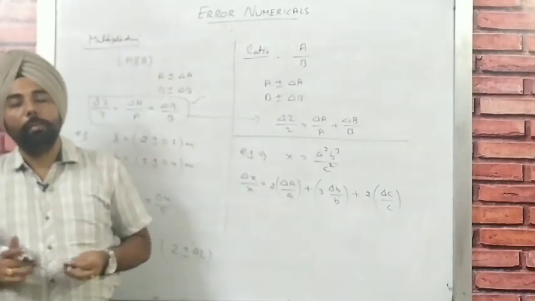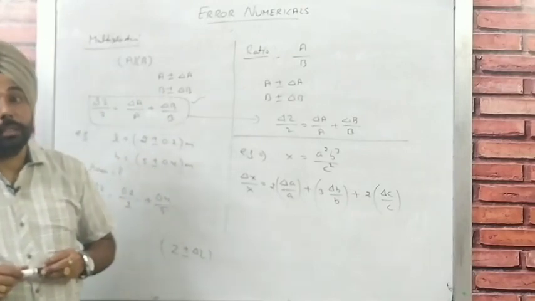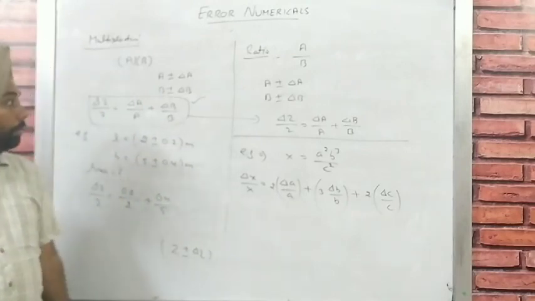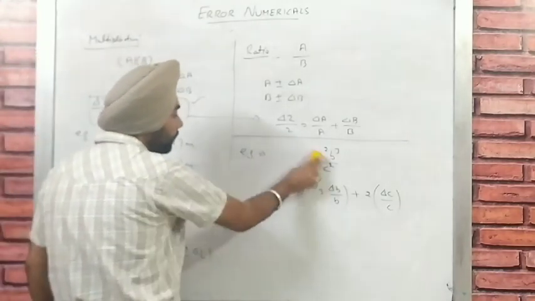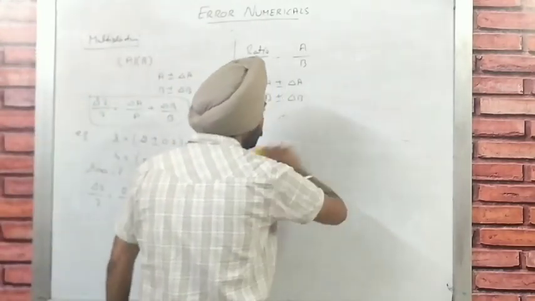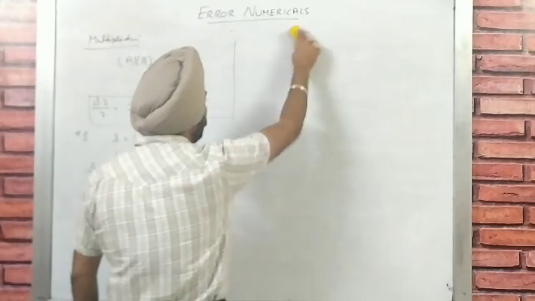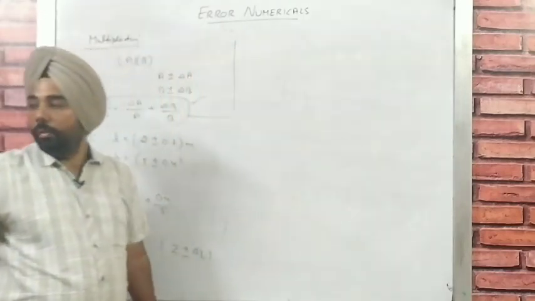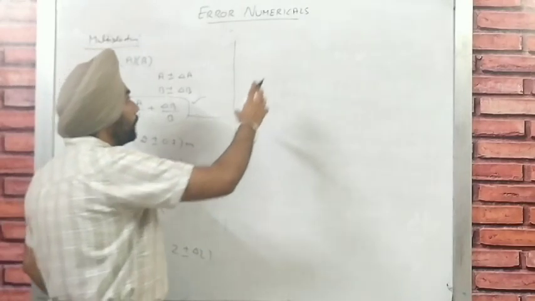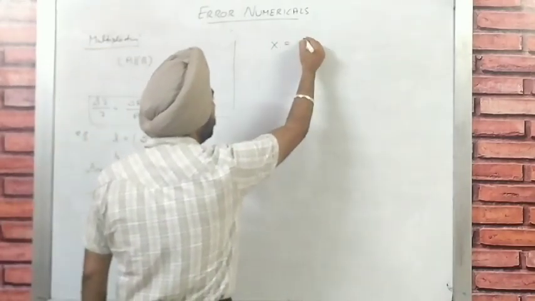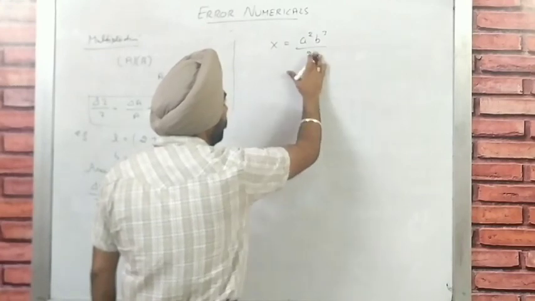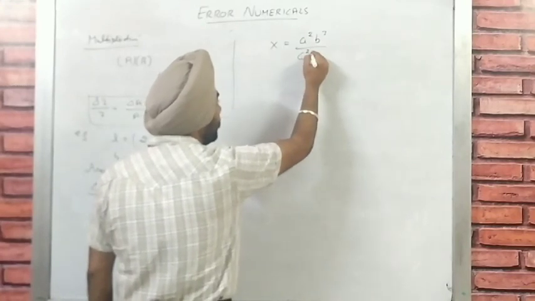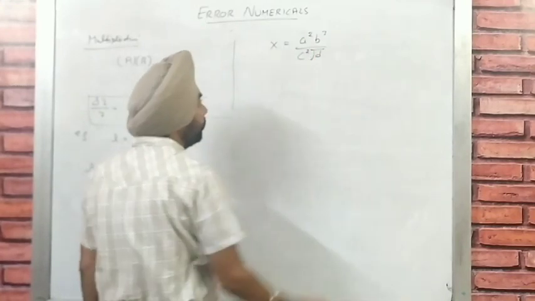And one more numerical is for the percentage errors, and that's very important. So we are just taking the last type of numericals, which is percentage errors. So let's say we are going to test the same value x, which is a square b cube over c square and under root d.